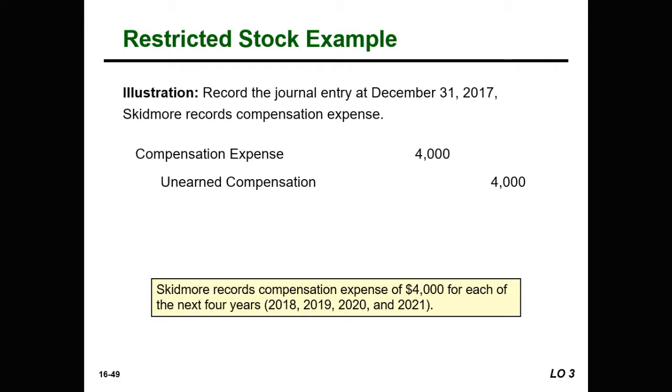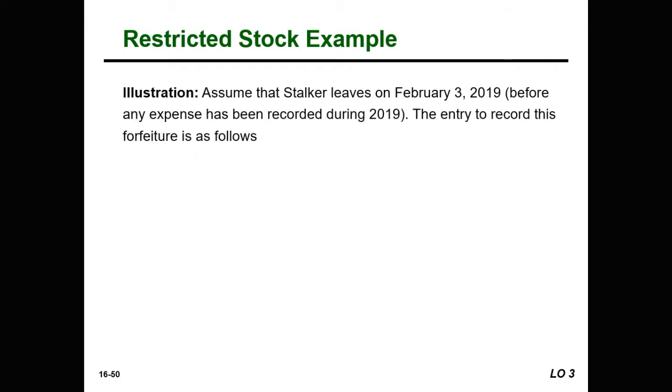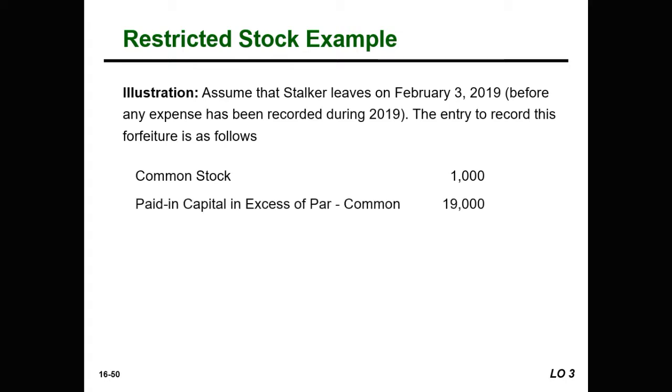Now let's make another assumption and assume that Mr. Stalker leaves on February 3rd, 2019, before any of the expense has been recorded for 2019. We have to make an adjustment, and we would debit common stock, $1,000. We would debit paid in capital in excess of par, $19,000. Because remember, this restricted stock was contingent upon his continued employment for the 5 years.